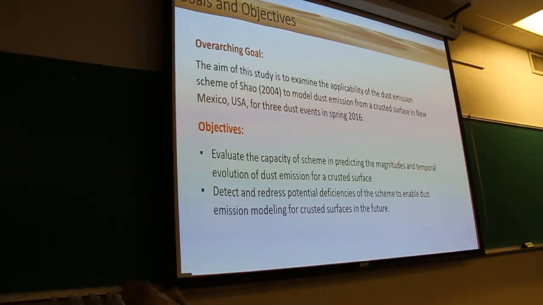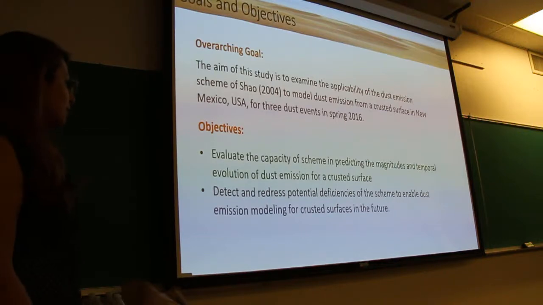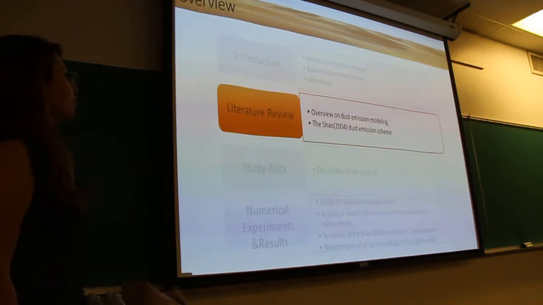Our goal in this study is to examine the applicability of the dust emission scheme developed by Shao 2004 to model dust emission for a crusted surface in New Mexico for three major events. Our objectives are to evaluate the capacity of the scheme in predicting the magnitudes and temporal evolution of dust emission for a crusted surface, and to detect and address potential deficiencies of the scheme to enable dust emission modeling for crusted surfaces in future.